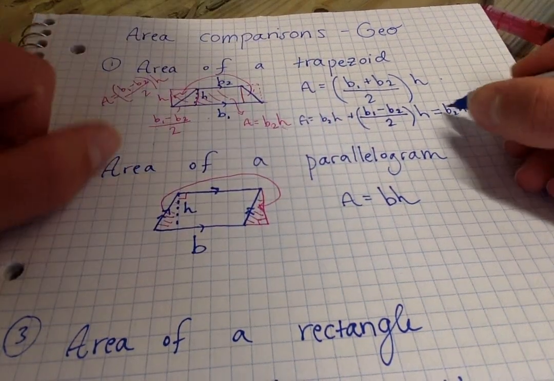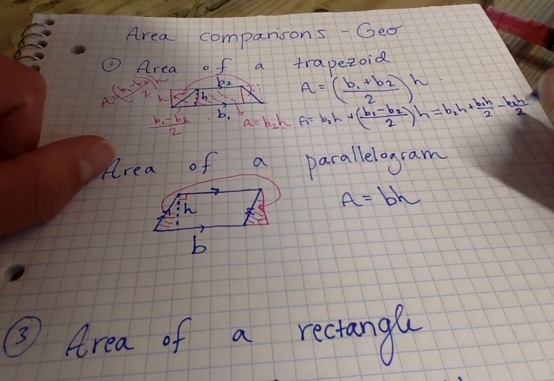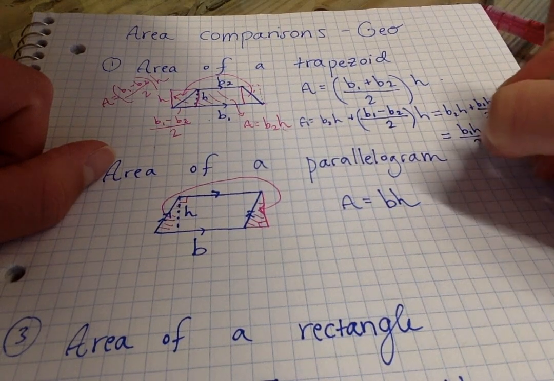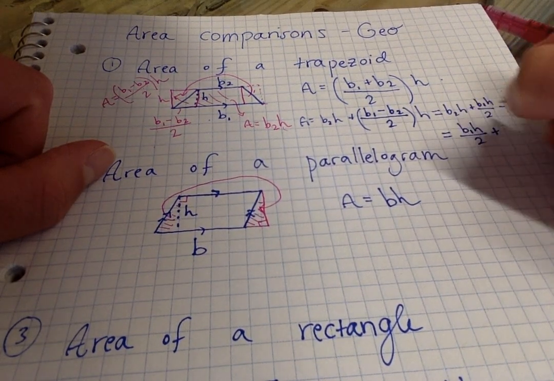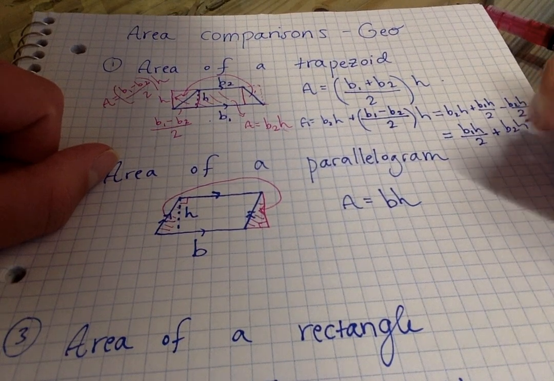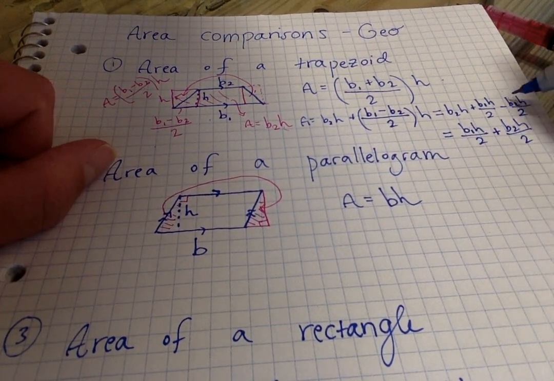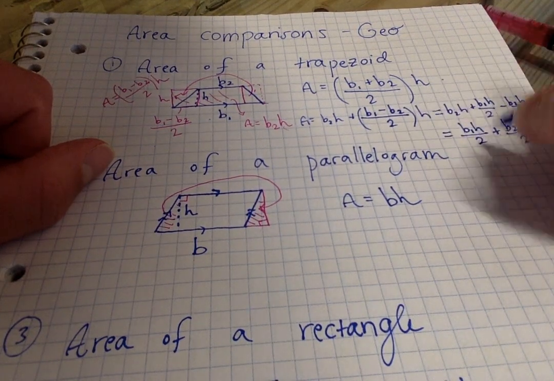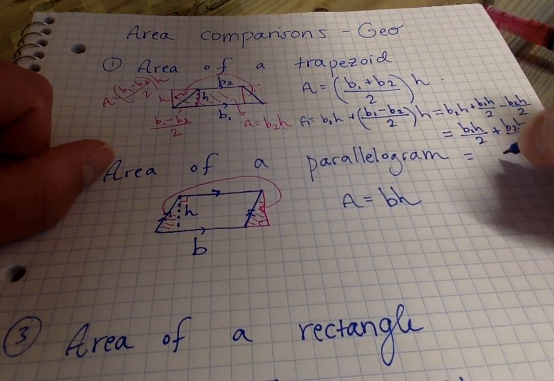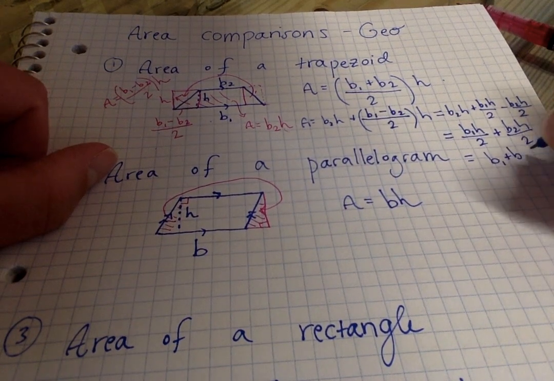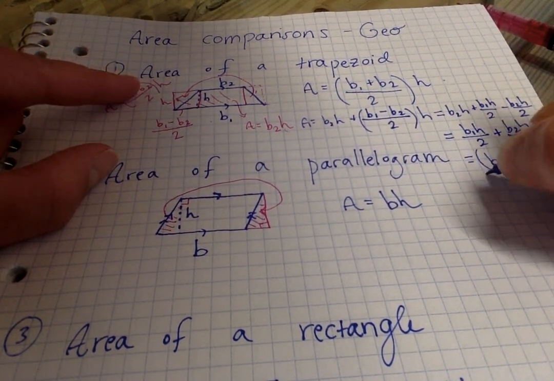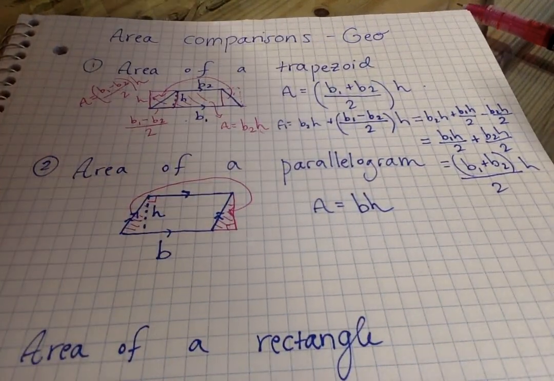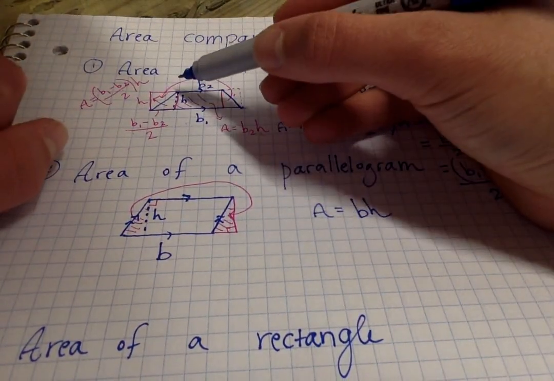Well, now base 2 height minus base 2 height over 2 leaves me with just 1/2 base 2 height, plus base 1 height over 2, because half of this figure was taken away from this one. That is the same thing as what we have up here, which is base 1 plus base 2 all over 2 times h. So we just proved the area of a trapezoid.